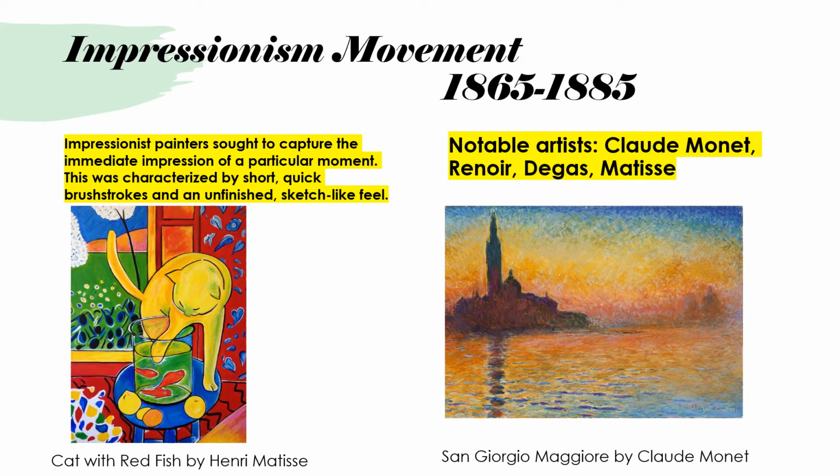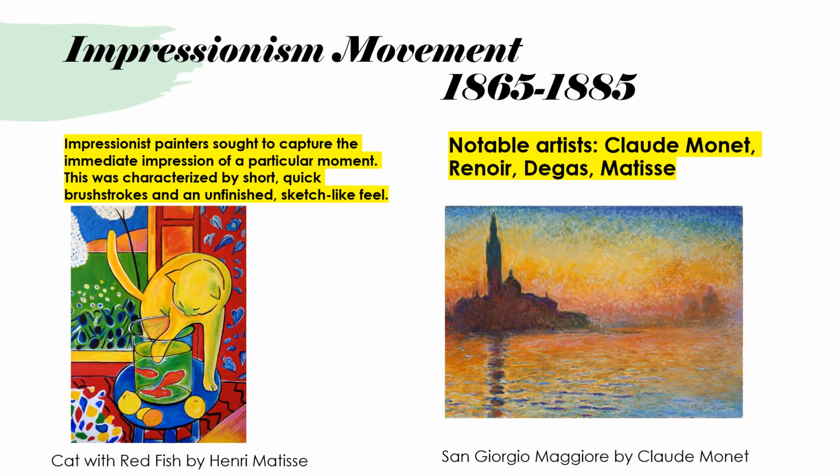Impressionist painters sought to capture the immediate impression of a particular moment. This was characterized by short, quick brushstrokes and an unfinished, sketch-like feel. Whereas artists in the Realism movement wanted to capture exactly what was going on, if we were drawing a person, we would want to draw them exactly as they are, almost like in a photograph.